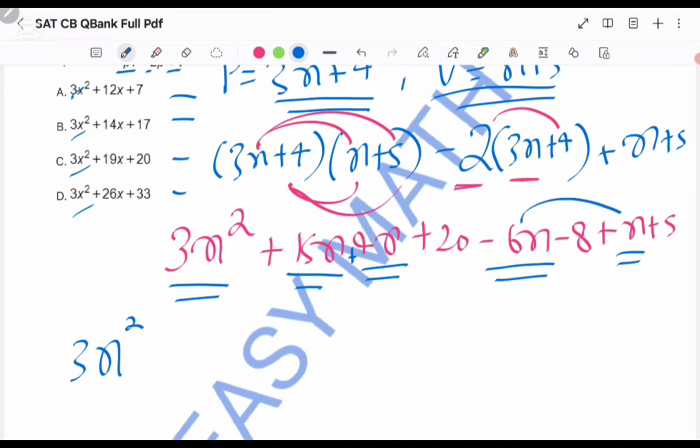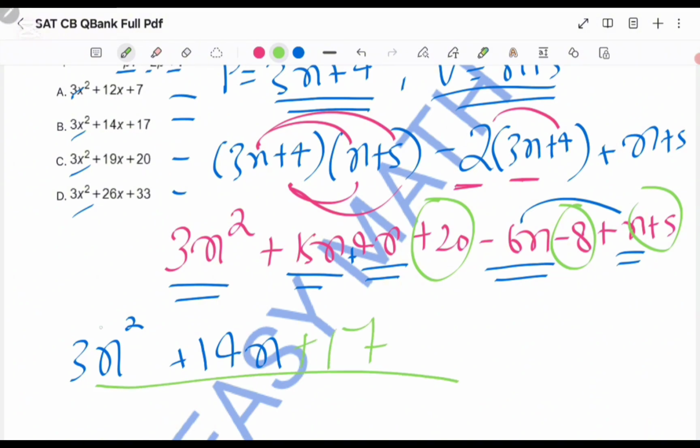So negative 6x and x, we have negative 5x, then plus 4x gives negative x, and 15 minus x gives positive 14x. Now this points directly to answer choice B, but let's continue. We have the 20, minus 8, and plus 5, and that's going to make us end up with a positive 17. So 20 minus 8 plus 5 is positive 17, so you have plus 17, and that matches choice B.